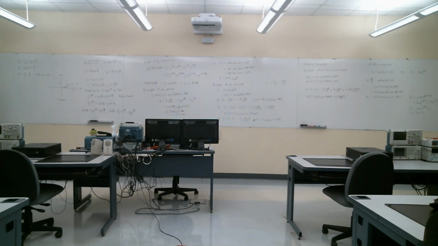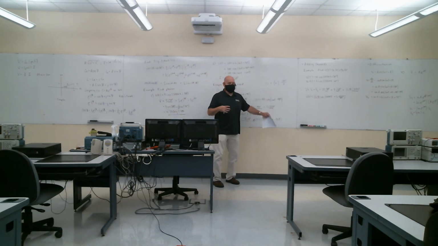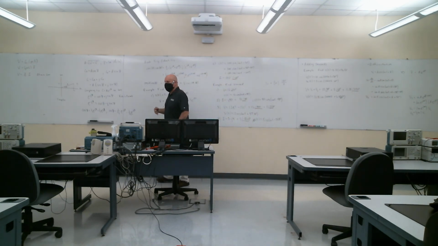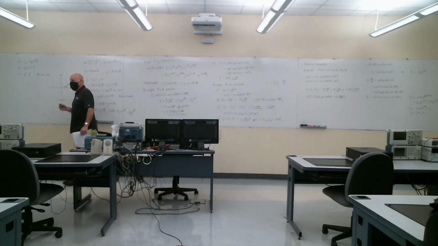Okay. Now in the phasor domain, we know that adding voltages in the time domain is equivalent to adding phasors. So we've got Kirchhoff's voltage law in the phasor domain. Same is true for currents, sinusoidal currents. We add the corresponding currents. And now we've got something that looks like Ohm's law if we talk about impedances instead of resistances.